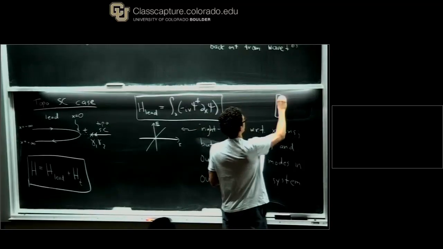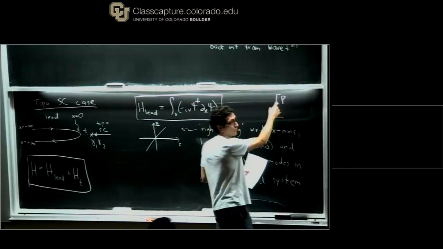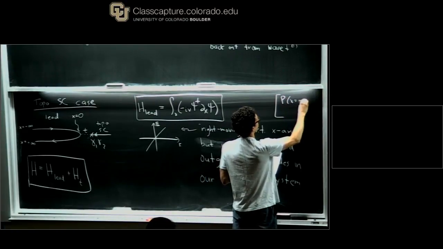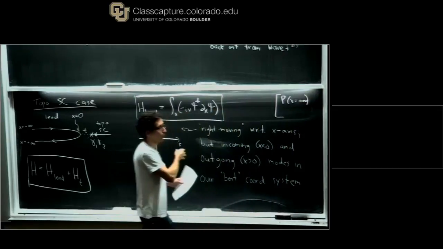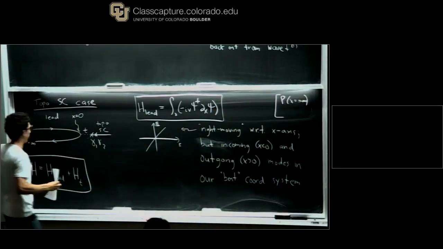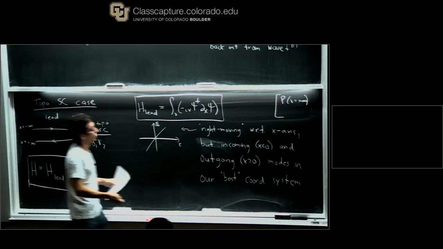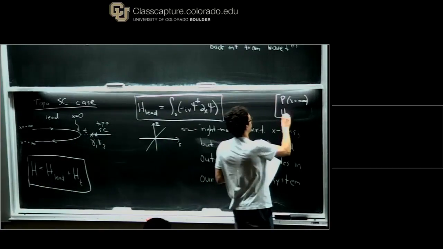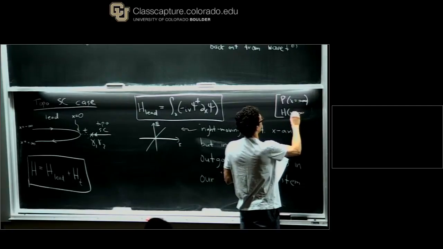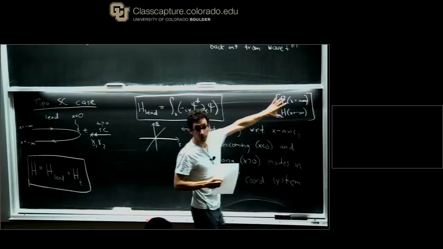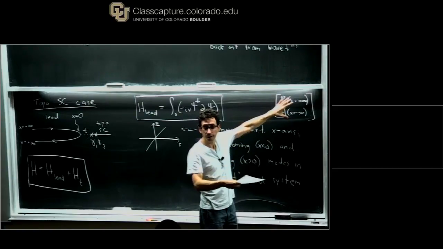So there's an electron-like part of the wave function at x equals minus infinity. That tells you how many incident electrons you've injected. And then there's the corresponding hole part. So this is kind of what you control based on what you inject into the system.